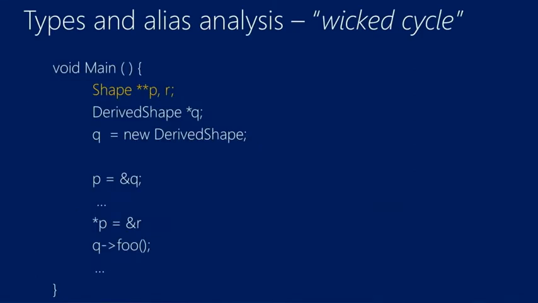So we feel, going forward, types and alias analysis are an incredibly wicked cycle, and it's an incredibly important thing to actually invest in. This is probably going to have the most far-reaching effects on everything we do going forward, and it's really, really hard. So in this particular example, if you changed what Q pointed to out from underneath you, then at the very bottom, we wouldn't be able to track that virtual method in Q. So that Q foo no longer is something we can figure out.